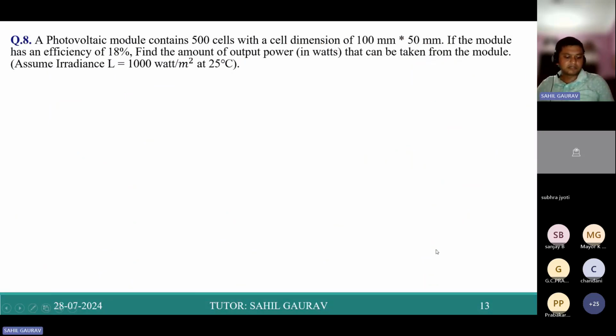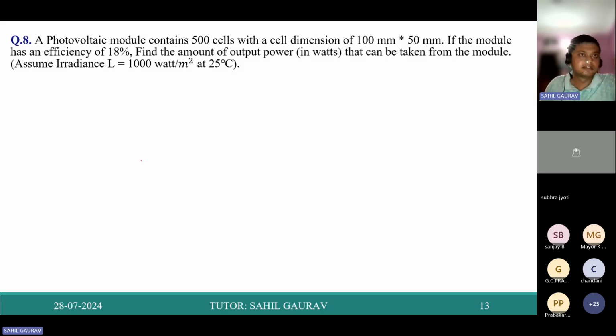Coming to the next problem: a photovoltaic module contains 500 cells with a cell dimension of 100 mm by 50 mm. If the module has an efficiency of 18%, find the output power in watts that can be taken from the module. Assume irradiance G is equal to 1000 watt per meter square at 25 degrees Celsius.